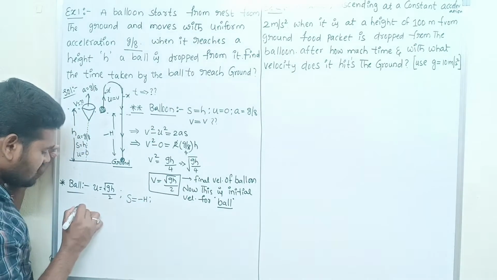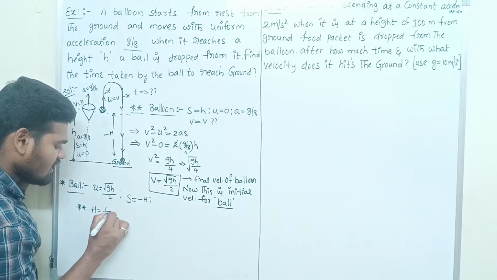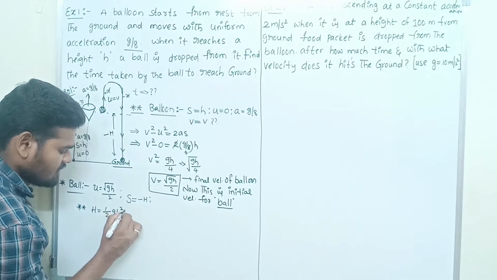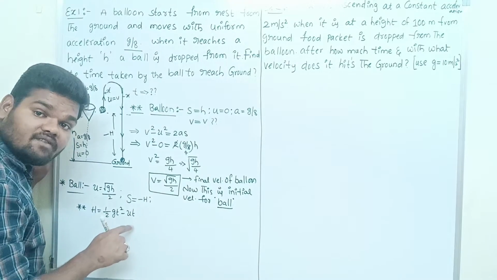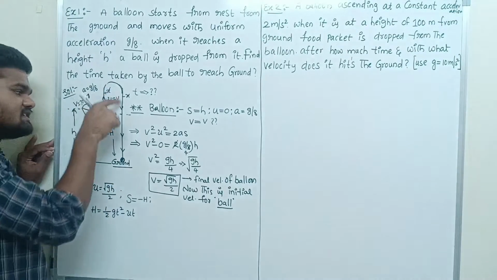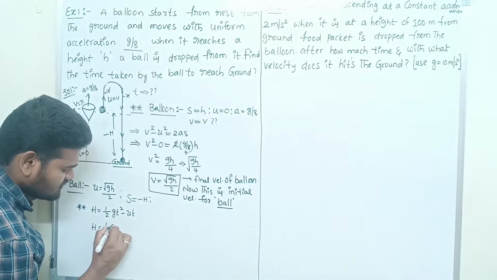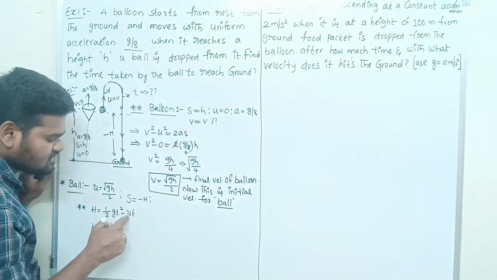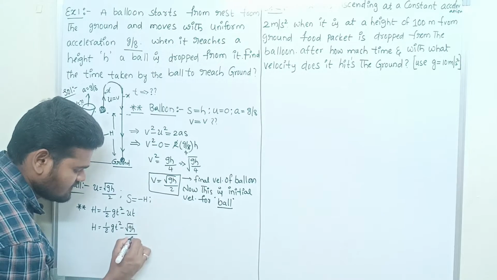And as we know, the equation for displacement is h is equal to half gt square minus ut. This is the equation of height h for the ball, not for the balloon. So height h is equal to half into gt square minus u t. What is the value of u? Under root gh by 2.